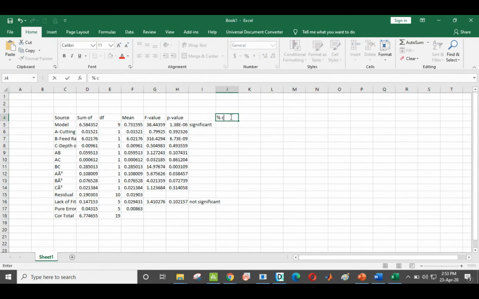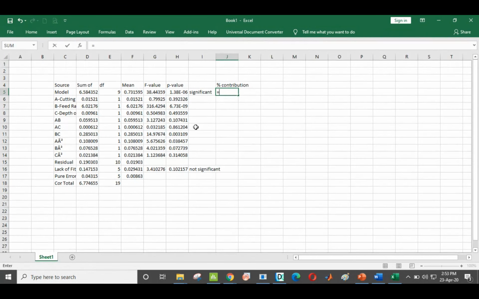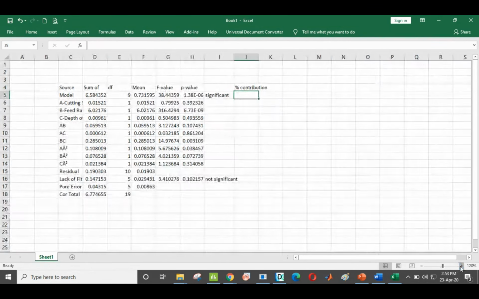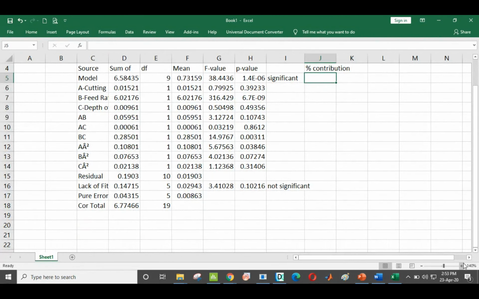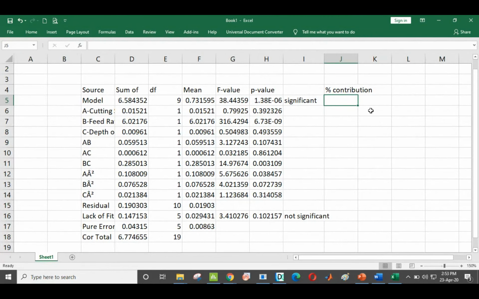So here, percentage contribution. So for the model, the sum of squares. So here it may be visible for this. The percentage contribution is equal to this sum of squares divided by the correlation total.